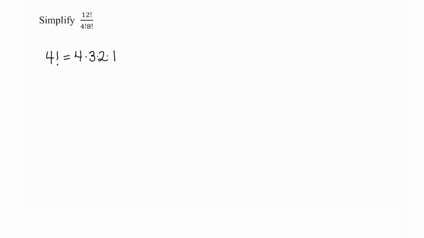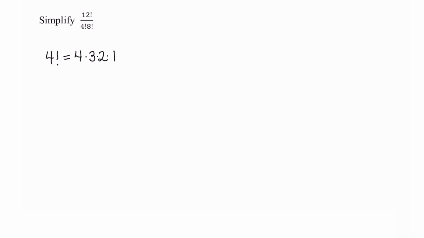Now, when I'm looking at simplifying an expression that has factorial notation in the numerator and the denominator, I want to take advantage of understanding the factorial notation in order to remove common factor pairs. So what we do is we look between the numerator and the denominator, and I have that 12 factorial in the numerator, which is the larger start number than any other expression in there.